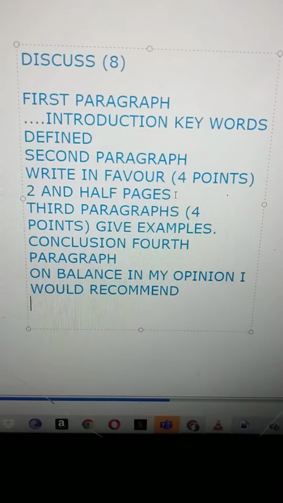In the mark scheme, they have now stated something very new: if a student writes something which is not in the mark scheme, we are going to give the mark if the point is logical.